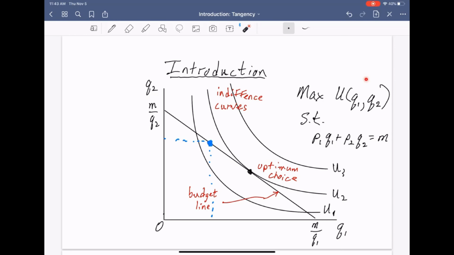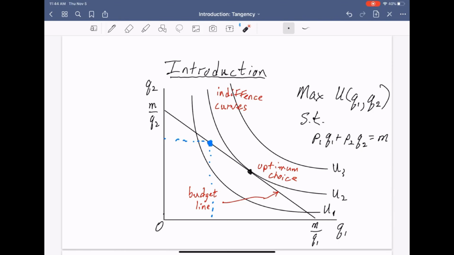The utility function is given as a function of Q1 and Q2, and it is drawn in this Q1, Q2 graph by a number of indifference curves, and we show 3 here, where U1, U2, and U3 refer to the number of utility units that we would get in any one of these indifference curves.